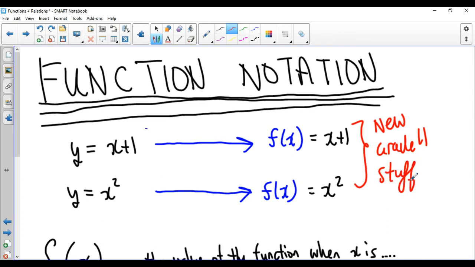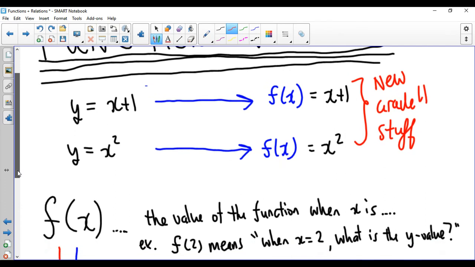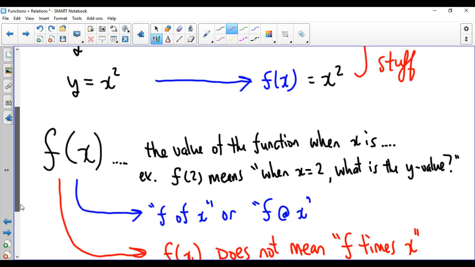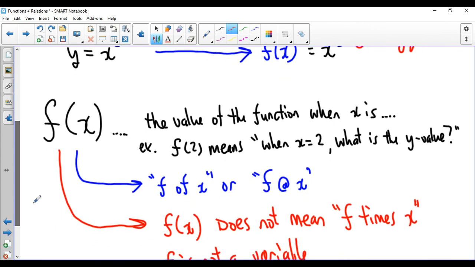This new notation, which you have to get used to. So the way we talk about f and x is this: it is the value of the function when x is whatever. Okay, so whatever the input is.